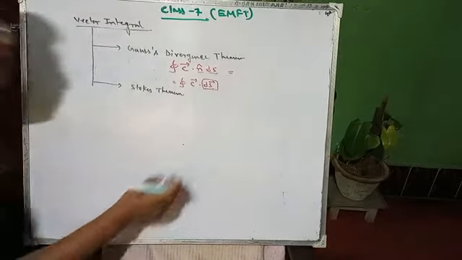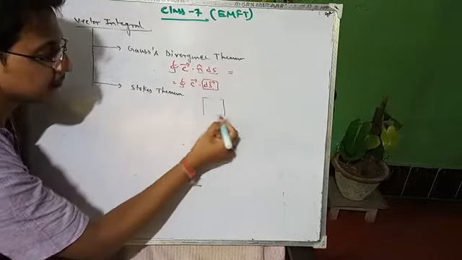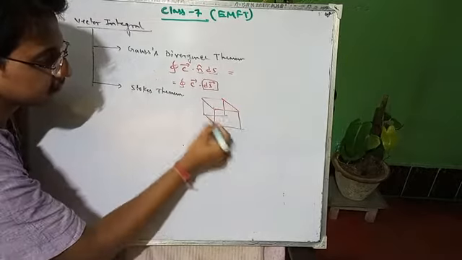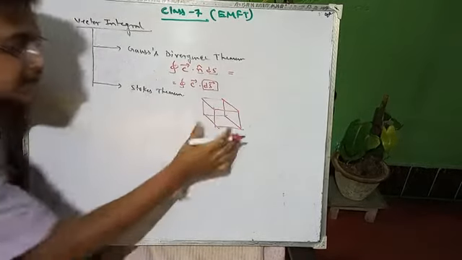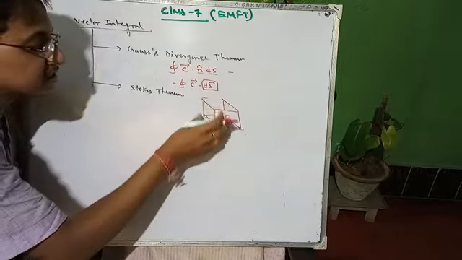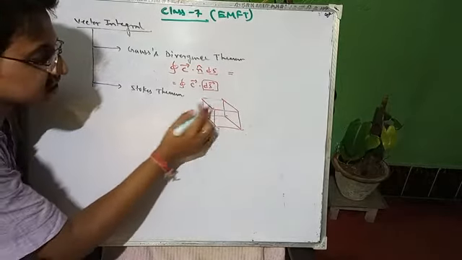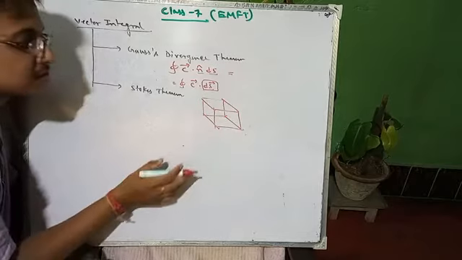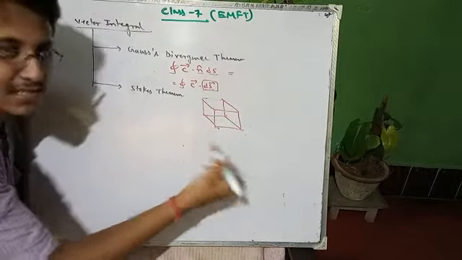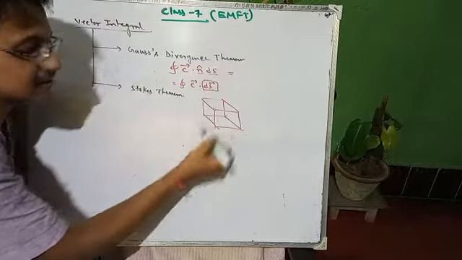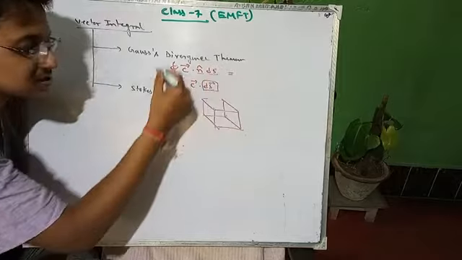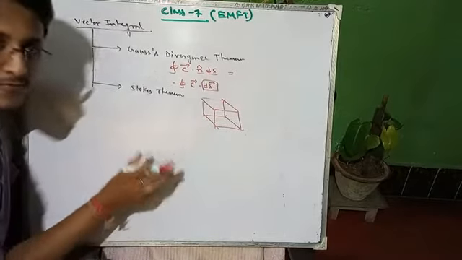Suppose we have a cubical box. It has 6 surfaces. If we integrate closely, the surface integration, that means we are continuously adding these 6 surfaces simultaneously.